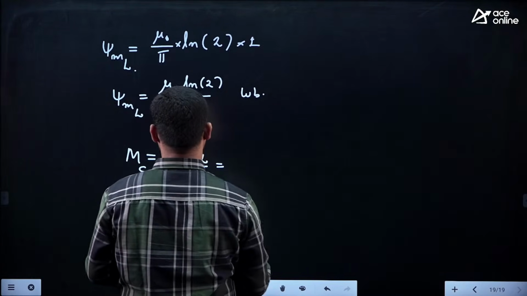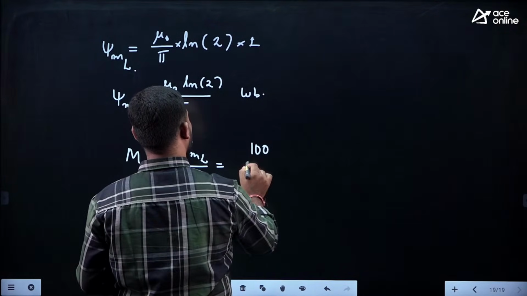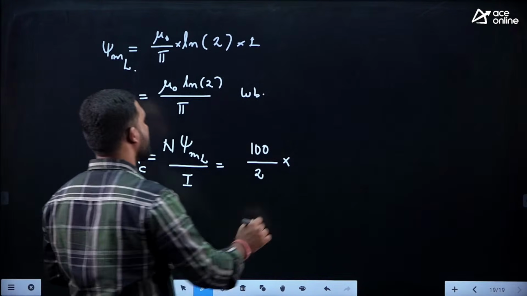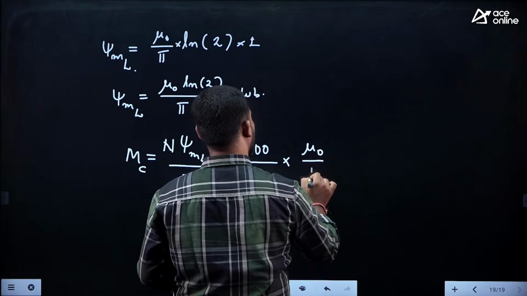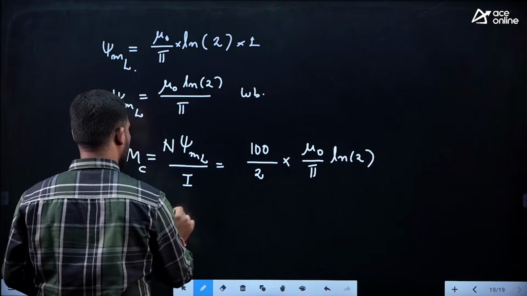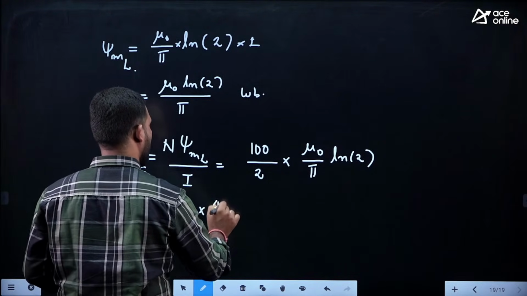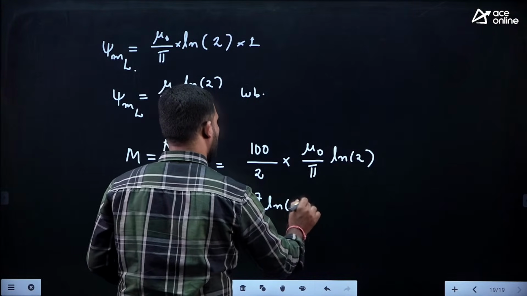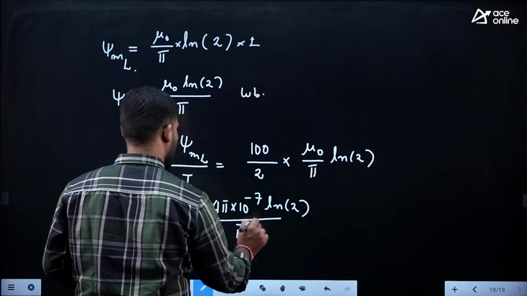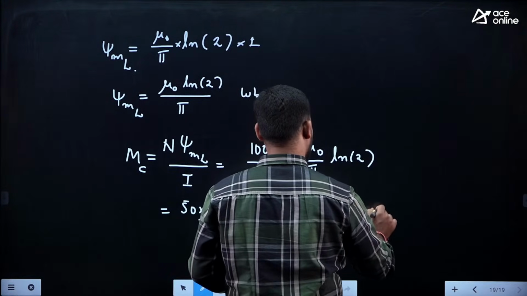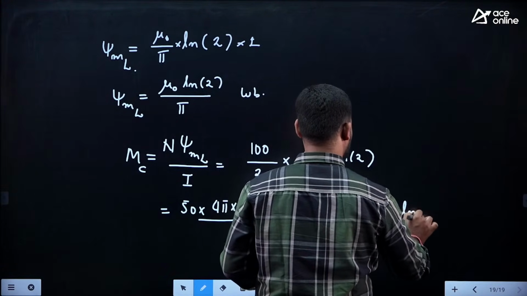Here it is 100 divided by 2, into the flux linkage, which is mu by pi into natural log of 2. So 50 into 4 pi into 10 to the power of minus 7 into natural log of 2 divided by pi. This pi will go, so it is 200 into 10 to the power of minus 7 into natural log of 2.